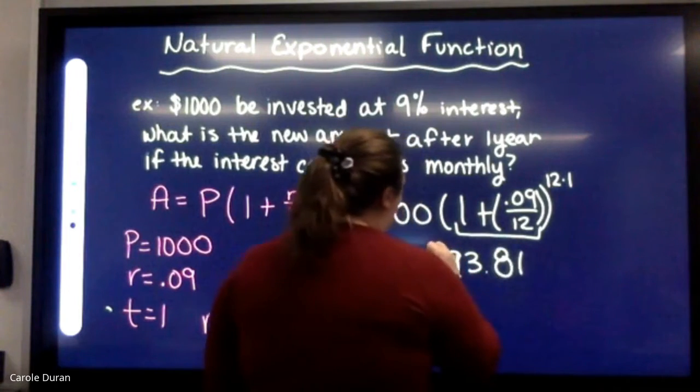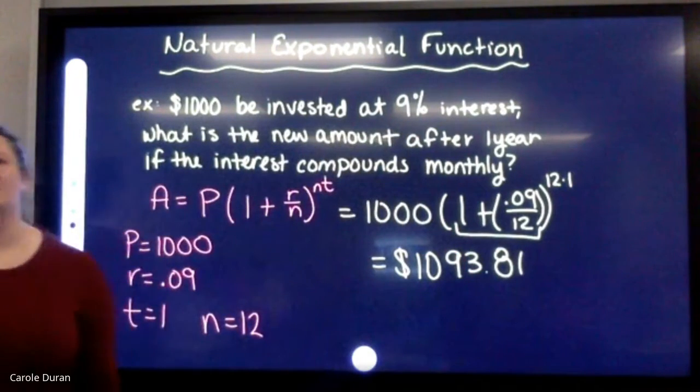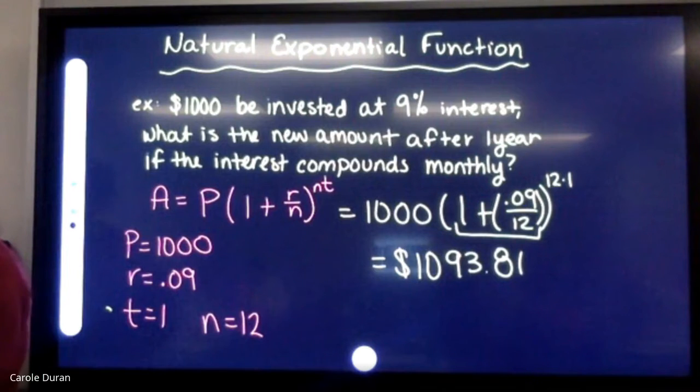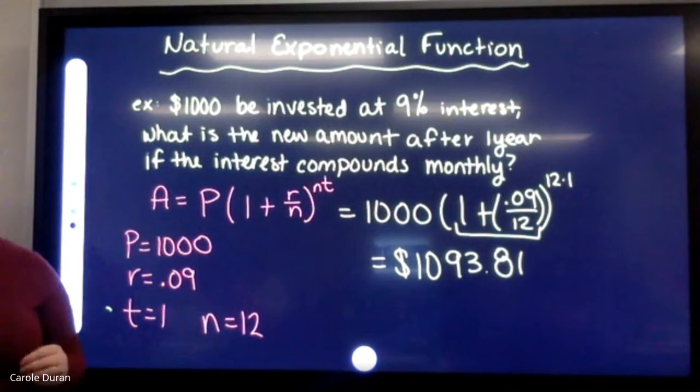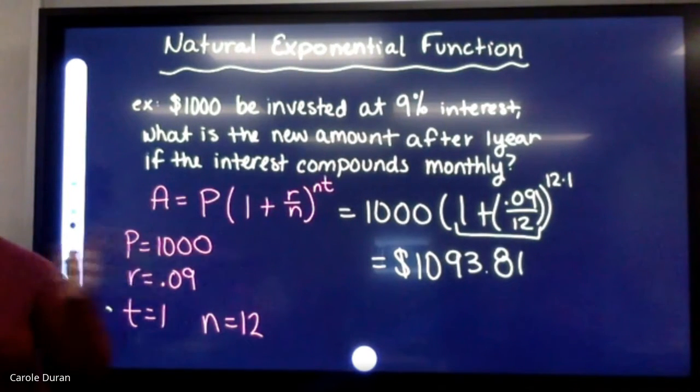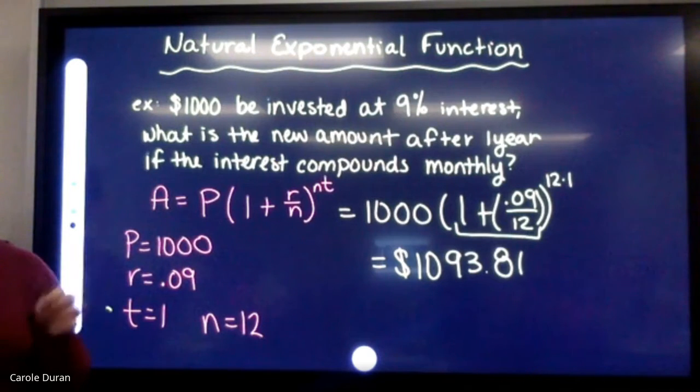So $1,093.81. Anybody else getting that? Oh, I messed up. Anybody not getting that? If you did not get that, I want you to turn to your neighbor and compare calculator process, okay? Because I know Gunner's not getting it, so somebody needs to check in with him. I didn't even finish the second time.